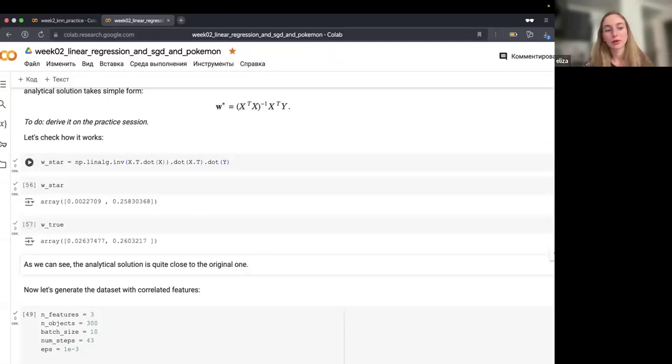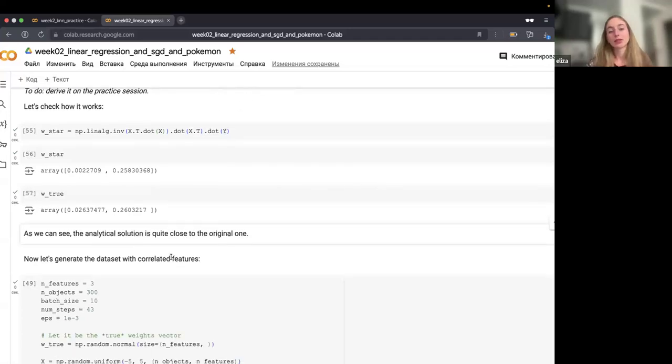And when we have two features, you can see the result: the calculated weights and the true weights which we generated are close enough.